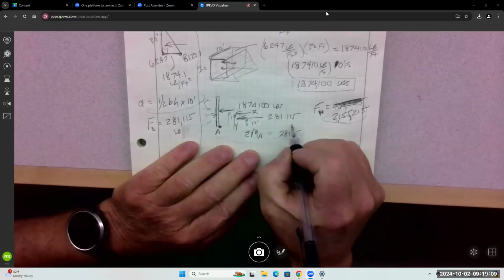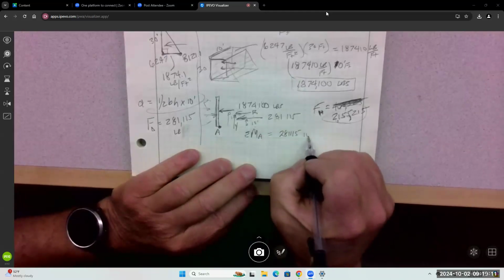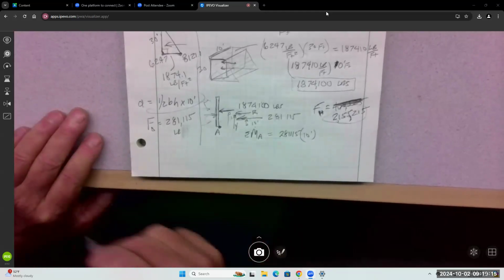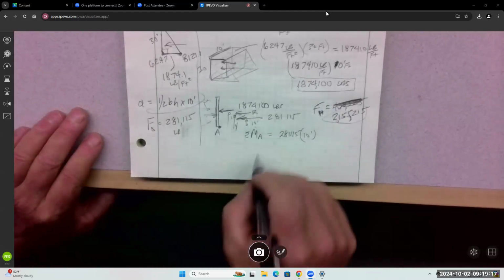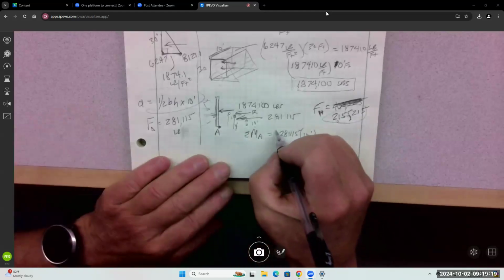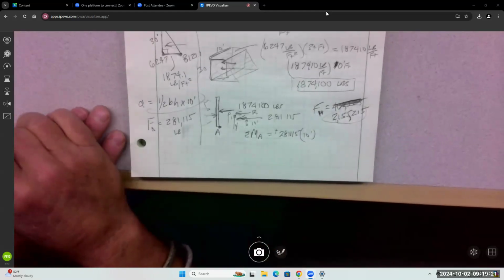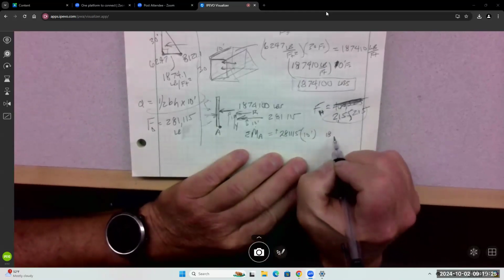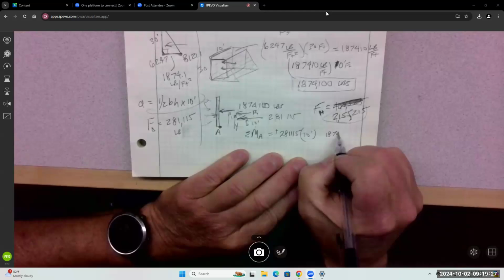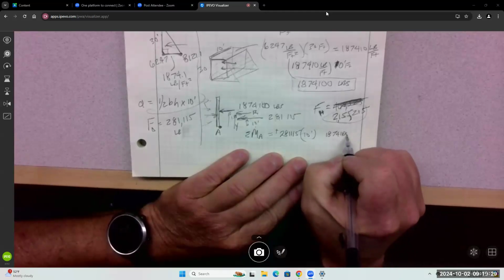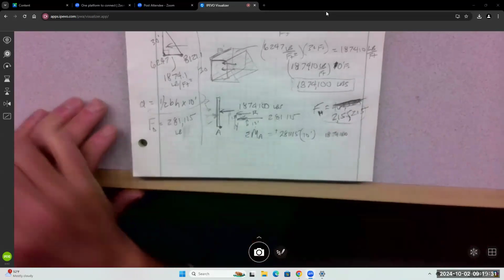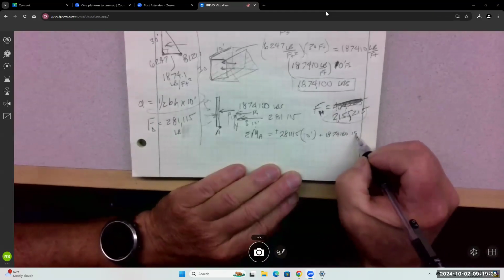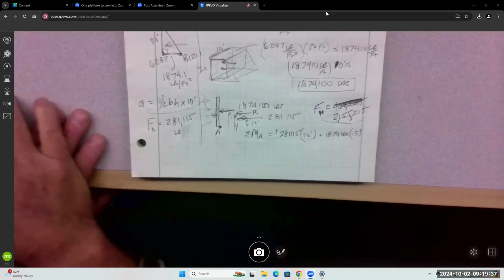281,115, that number times its distance, 10 feet. And I'm going to say it's counterclockwise, so that's a positive. And then what's the moment for the 187,411? It's also positive, times 15 feet.